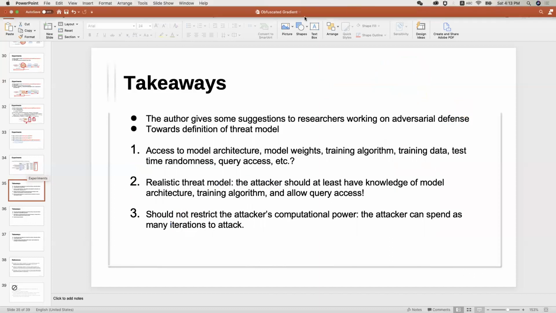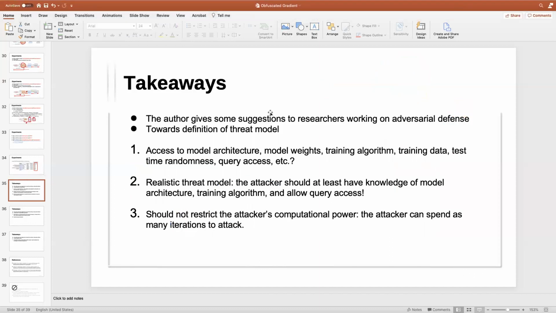The author gives some suggestions for those adversarial defense works. The first one is towards the definition of threat model. Researchers should specify every detail of the threat model, for example, whether the attacker can have access to model architecture, training algorithm, training data, test time randomness, and query access.